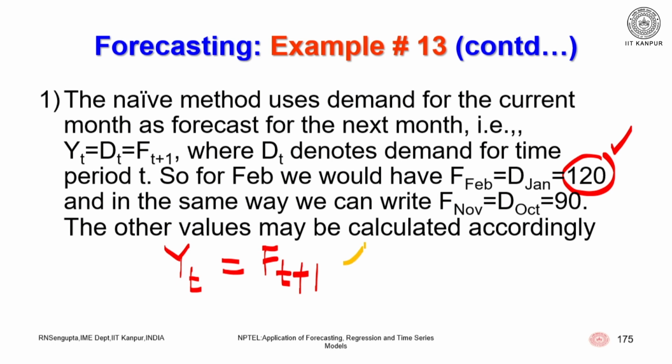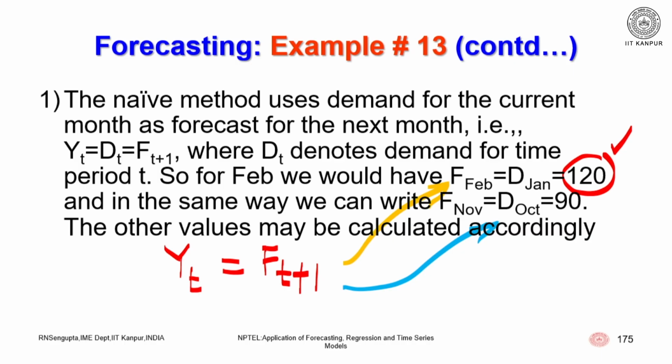You have done that for February, January, February being the forecast time frame, January being the actual time frame. Similarly, for November, October, when November is for the forecast, October is for the actual. Based on that, I can find out the value. So, this is the naive method.